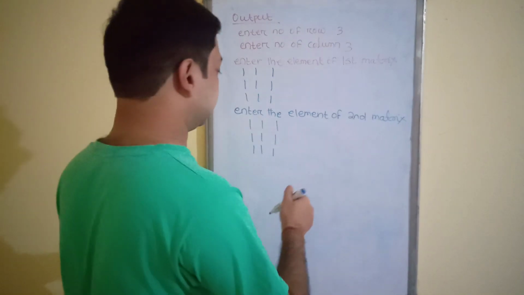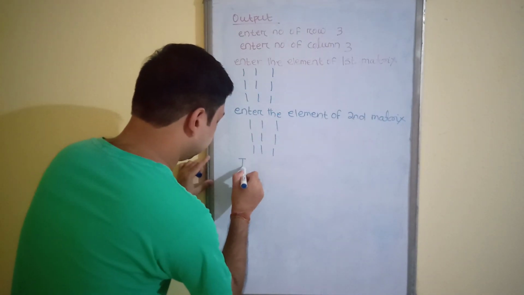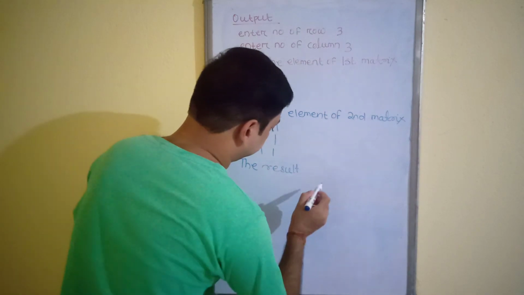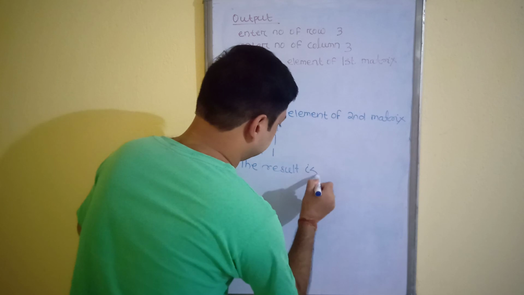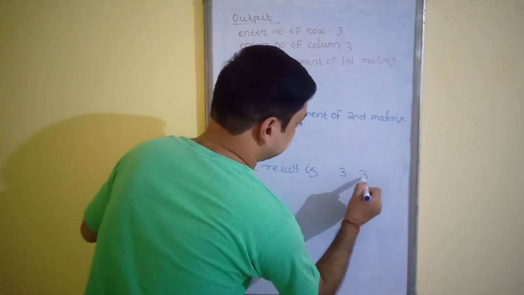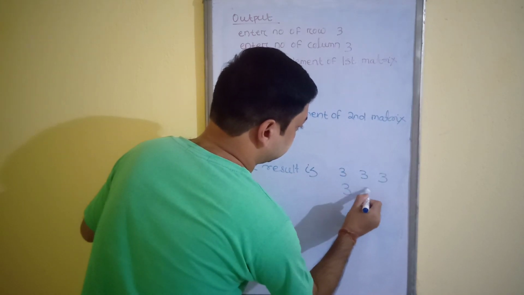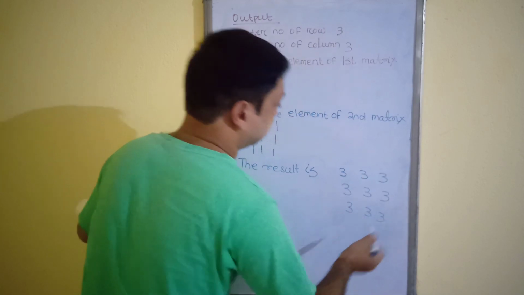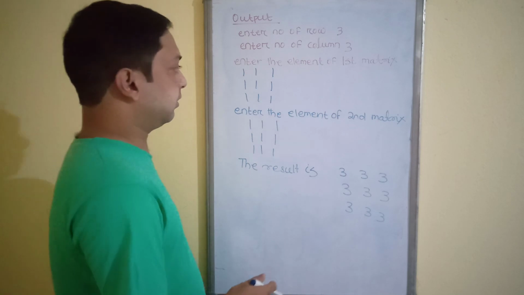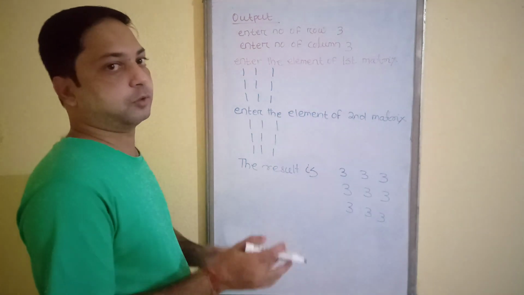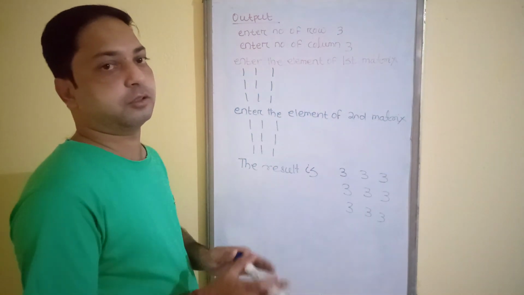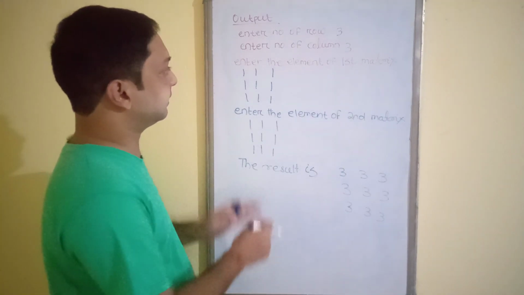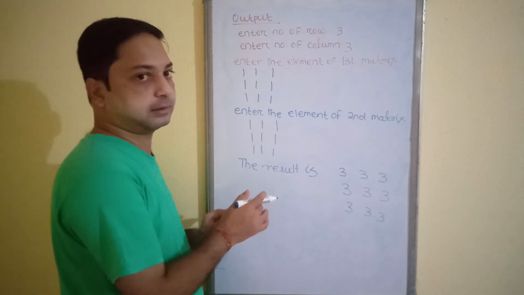Now the resultant matrix is, after all those manipulations, 3 3 3 3 3 3 3 3 3. This is the simple output of that particular program. So all the 5 steps you need to follow one by one. By combining them, we can complete our program successfully. And this is the output, how it looked. Thank you.